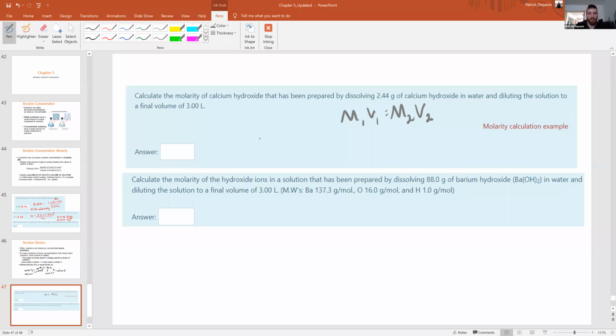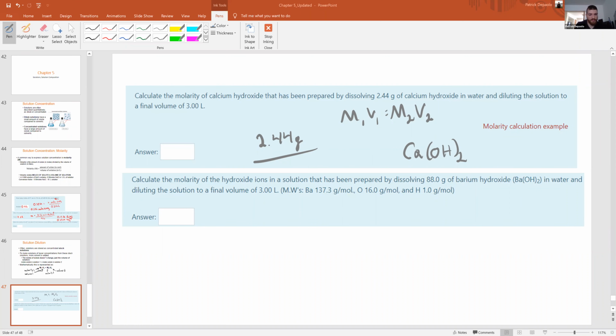So 2.44 grams of calcium hydroxide. So calcium hydroxide is Ca(OH)2. The molar mass of it, I don't know off the top of my head, is 74.